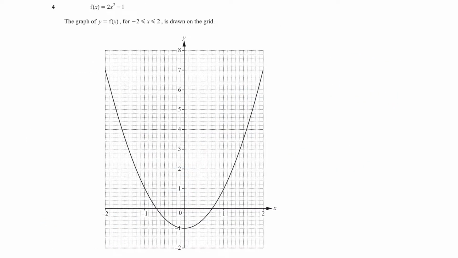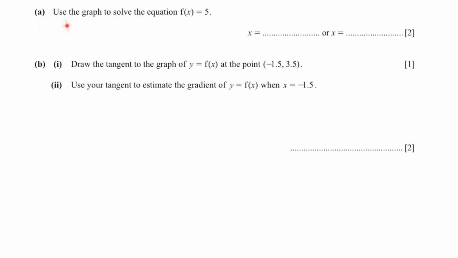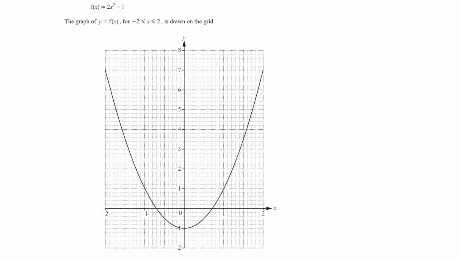Question number 4. We have been given the graph of f of x is equal to 2x squared minus 1, already sketched. Part A of the question, use the graph to solve the equation f of x is equal to 5. This means we have to find the value of x when y is equal to 5. Y is equal to 5 here.